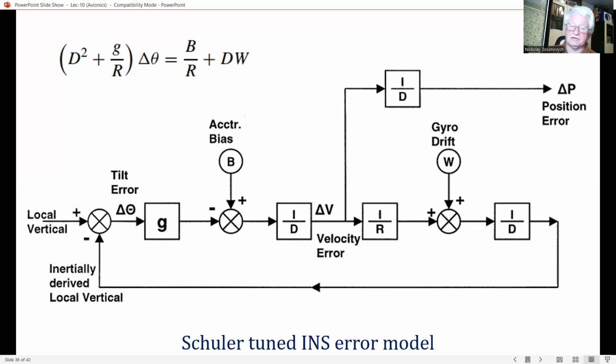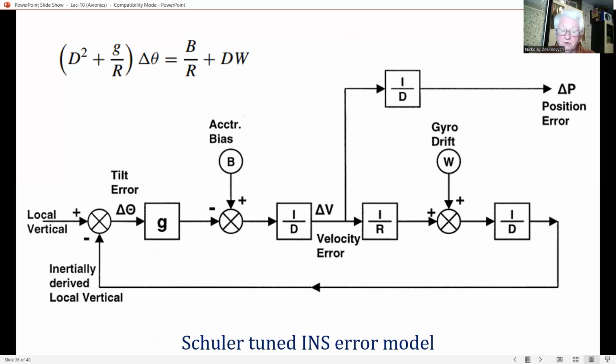The local vertical closed loop tracking system produced by Schuler tuning is shown in this block diagram and provides an error propagation model of an INS.